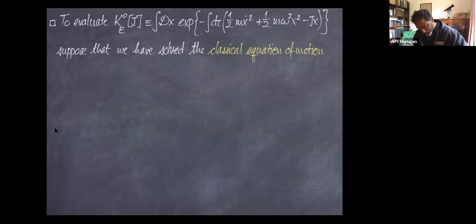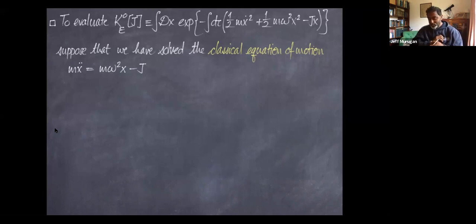And so you can vary the action, and you'll find that the classical equations of motion are m x double dot equal to m omega squared x minus J. So without the J term, this would just be x double dot equal to omega squared x, which is just the Euclidean harmonic oscillator equations, hence no minus sign, right?